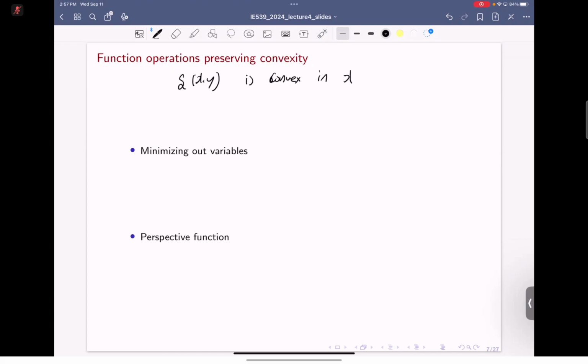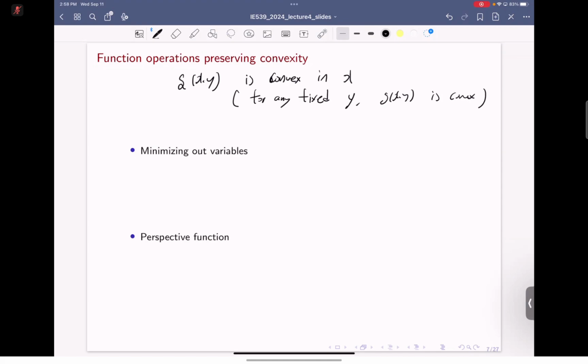What it means is that for any fixed y, g(x,y) is convex. If you fix the y part, then the function depends only on the x part, so it becomes a function in terms of x, and that's always a convex function of the x variable for any fixed y.